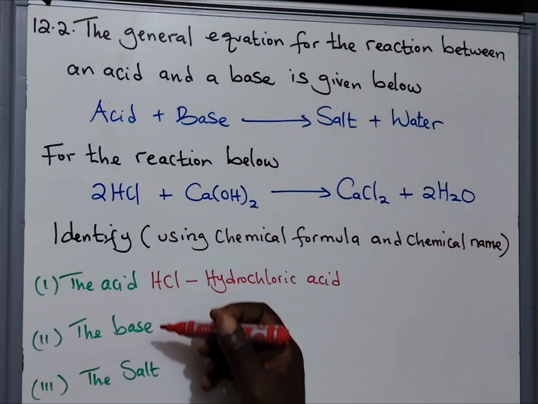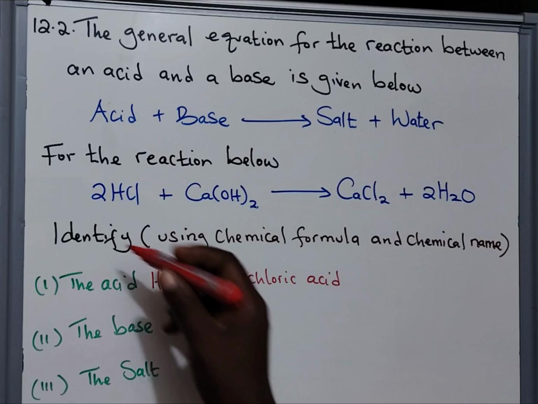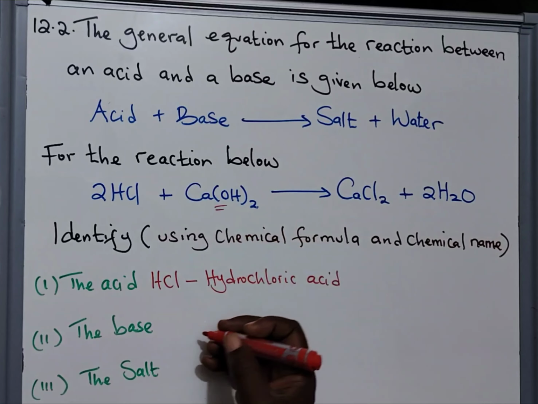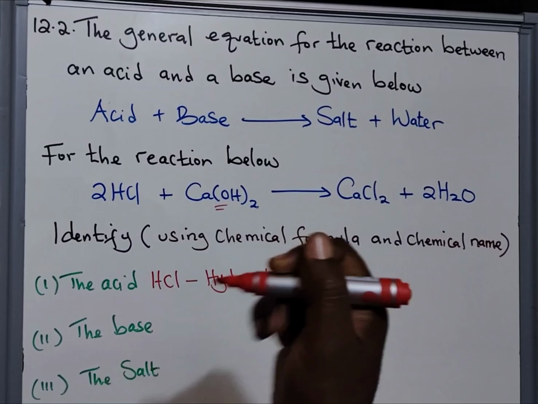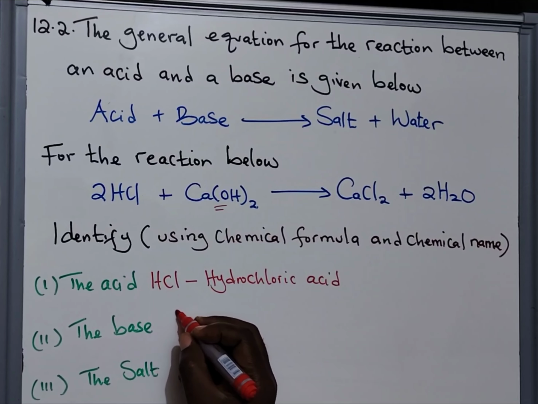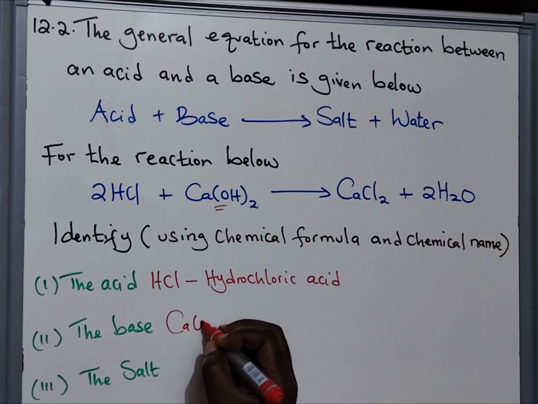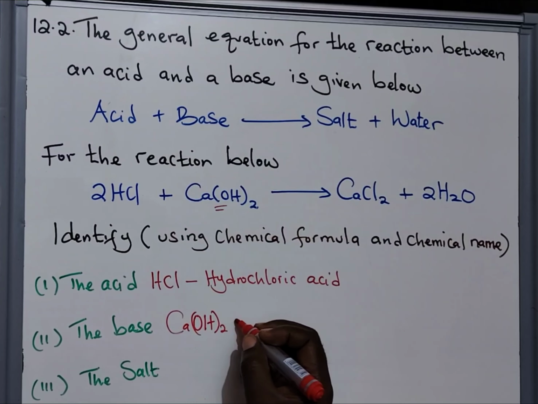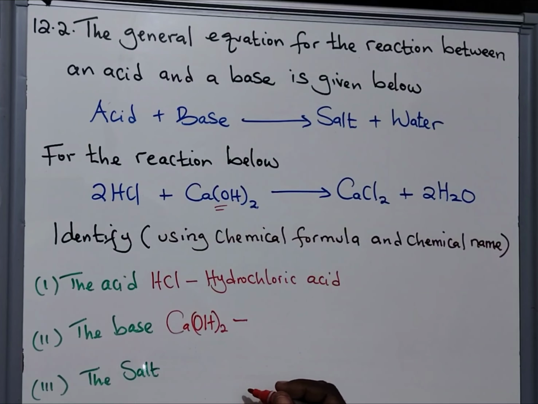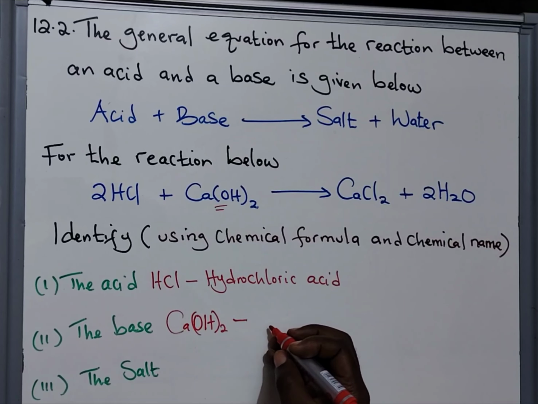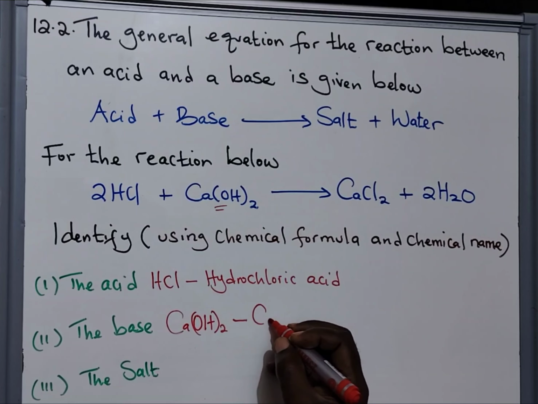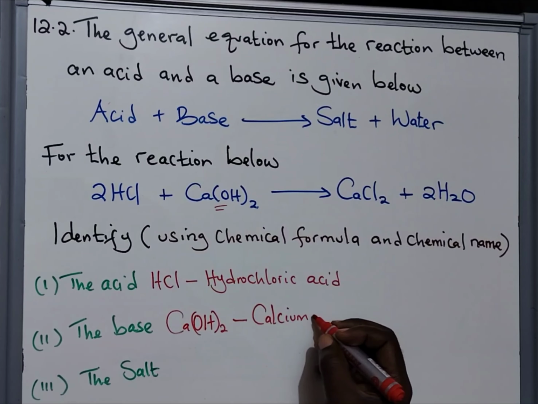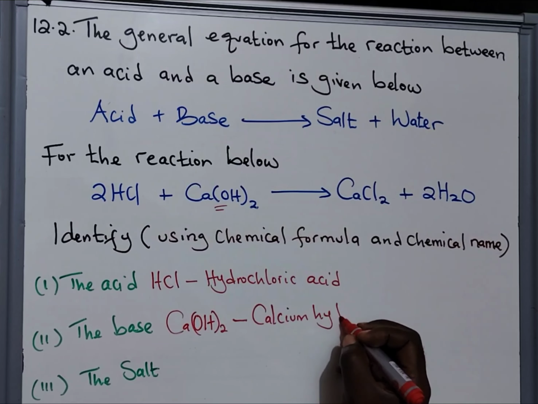Okay, then the base. Which one is the base? Is this one. So the chemical formula is CaOH. And what's the chemical name? The chemical name is calcium hydroxide.